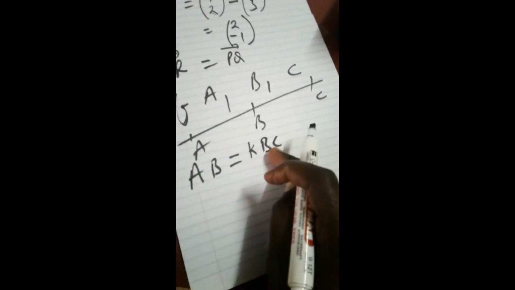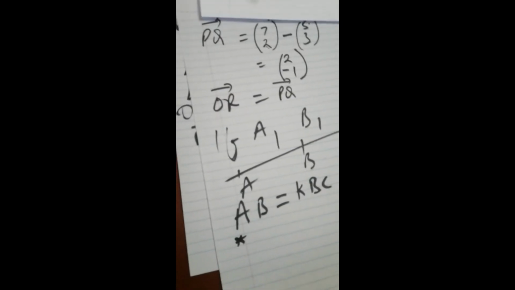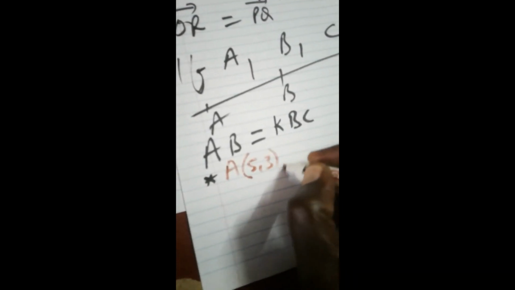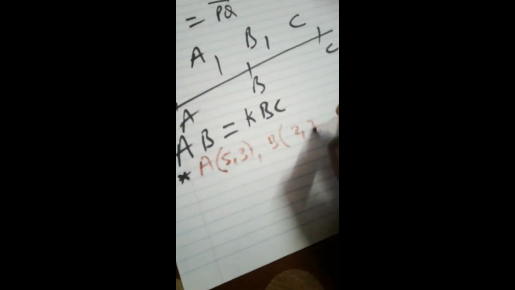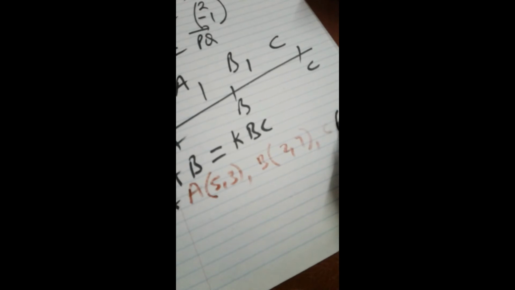But since they share a common point B, it means they are collinear. They can ask a question that shows that point A with coordinates 5, 3, B with coordinates 2, 7, and C with coordinates negative 4, 15, are collinear.